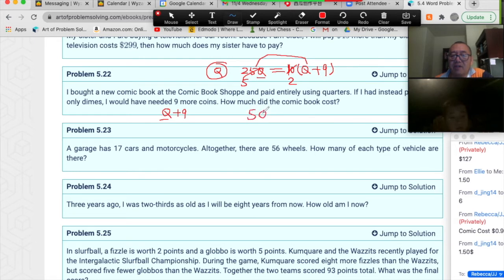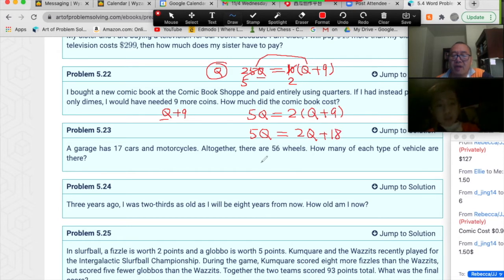So we get the equation 5 times Q equals 2 times (Q plus 9). Then we expand, distributing the 2 inside the parentheses. So 2 times Q, plus 2 times 9, that's 18.